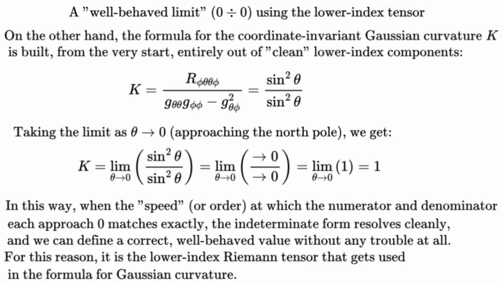In this way, when the speed, or order, at which the numerator and denominator each approach 0 matches exactly, the indeterminate form resolves cleanly, and we can define a correct, well-behaved value without any trouble at all. For this reason, it is the lower index Riemann tensor that gets used in the formula for Gaussian curvature.